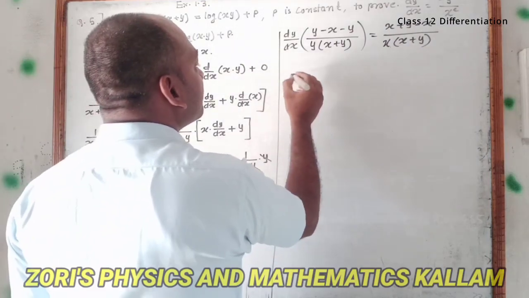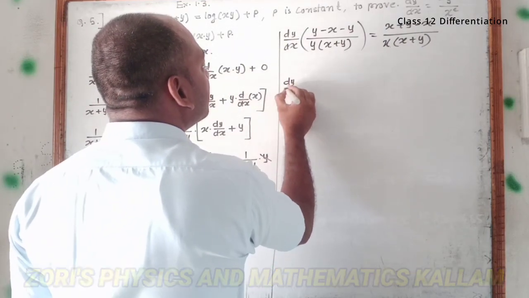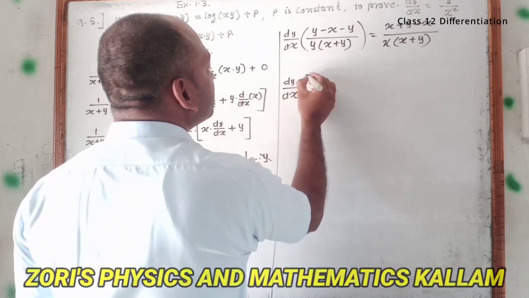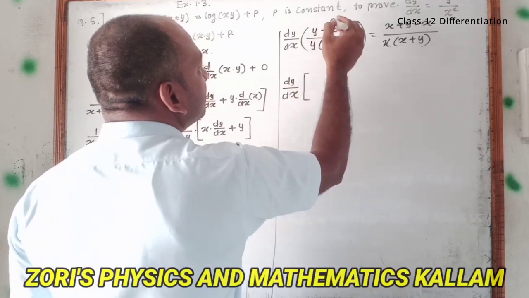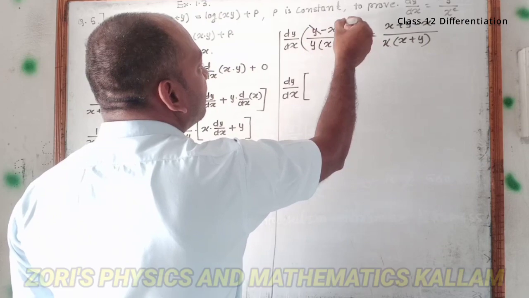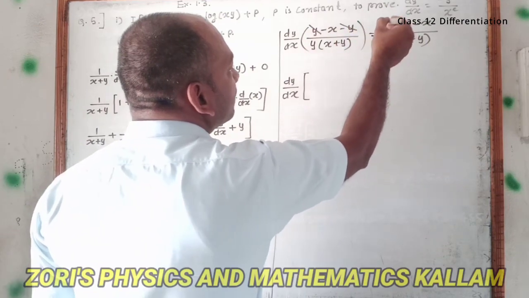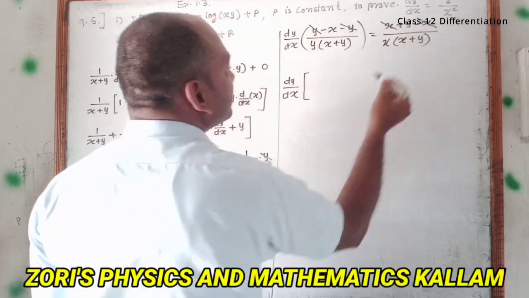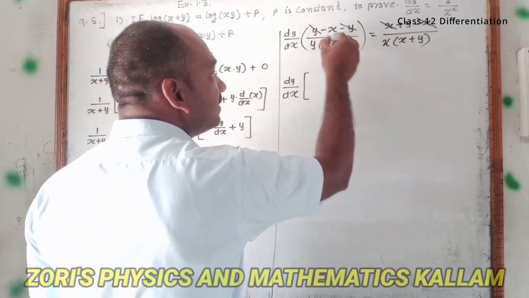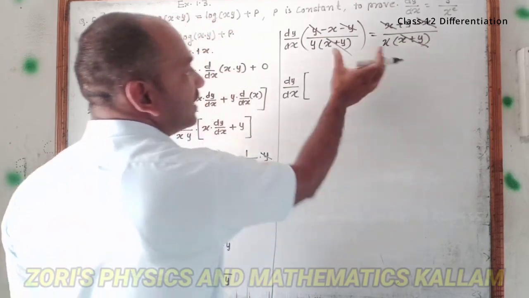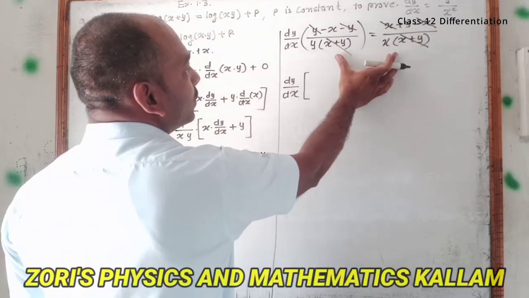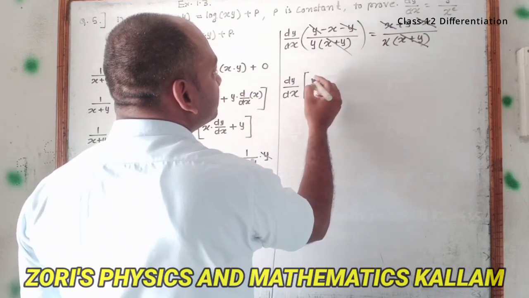Now after this, for dy/dx in brackets, we cancel this y with this y, this x with this x, and here also we cancel (x + y) on both sides. So finally what do we remain with?